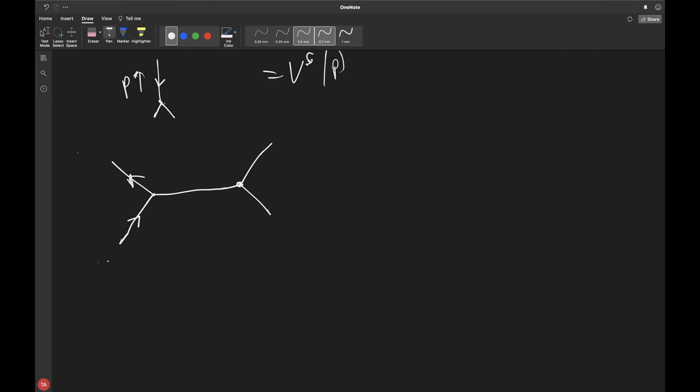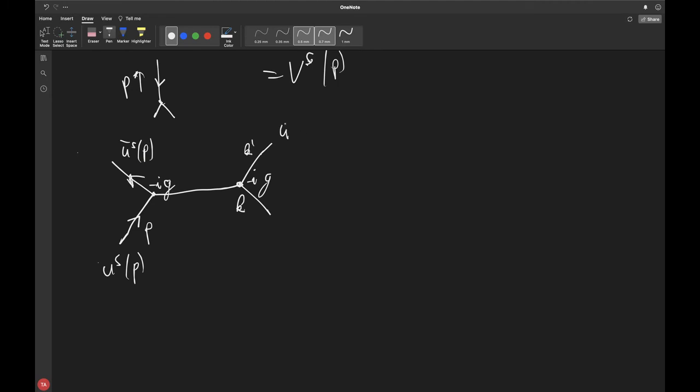So it will have contributions of minus i g, the coupling constant contribution for the vertex, and then if we have p momentum here, this is going to be u_s p, and u anti u_s p here, and let's say that we have k prime momentum here and k momentum here.